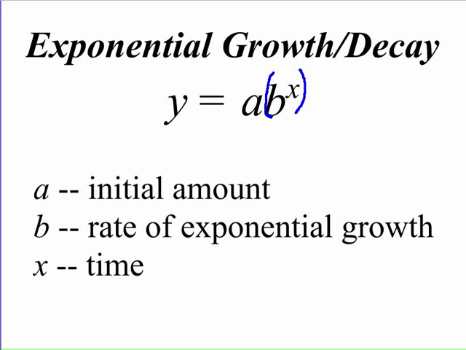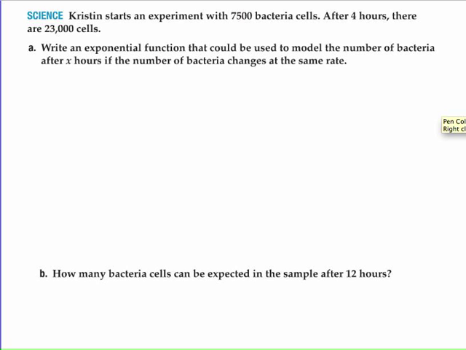All right. So we're going to go ahead and look at an example here. It says Kristen starts an experiment with 7,500 bacteria cells. After 4 hours, there are 23,000 cells. Write an exponential function that could be used to model the number of bacteria after x hours if the number of bacteria changes at the same rate.